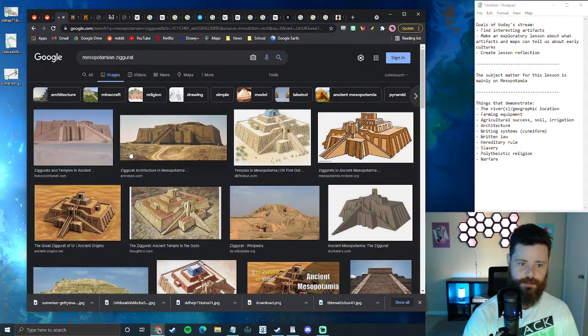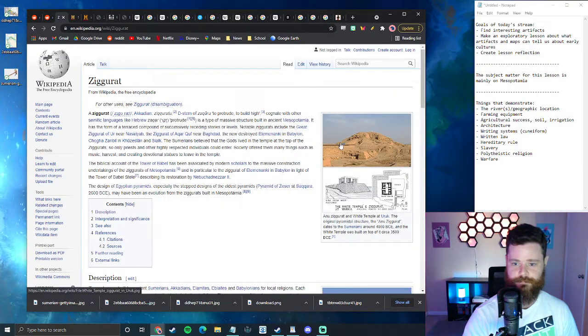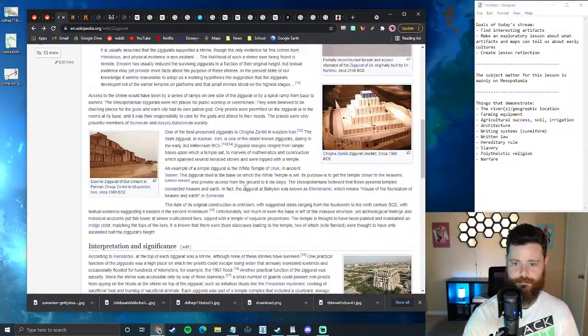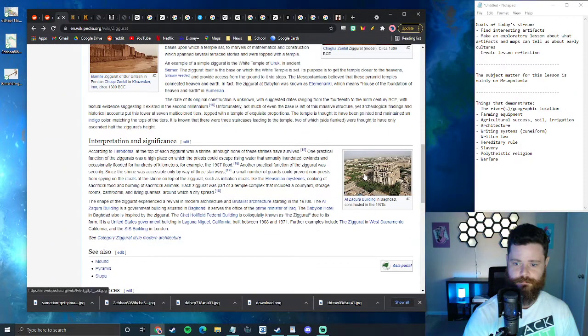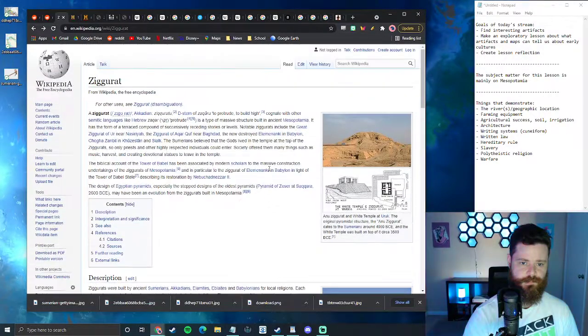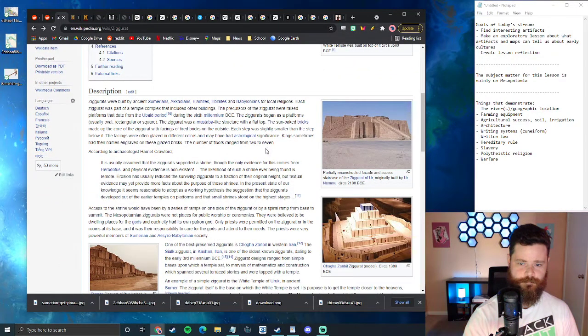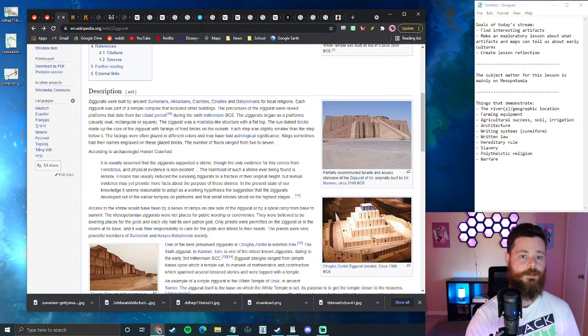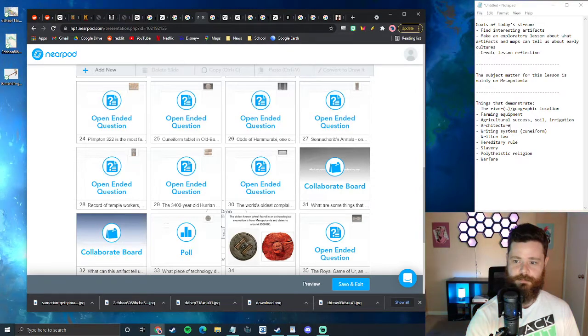Maybe just the ruins of them. No, I think it might be too involved, because when we talk about ziggurats, I want to actually talk about ziggurats. So maybe that's just not for this exploratory part.